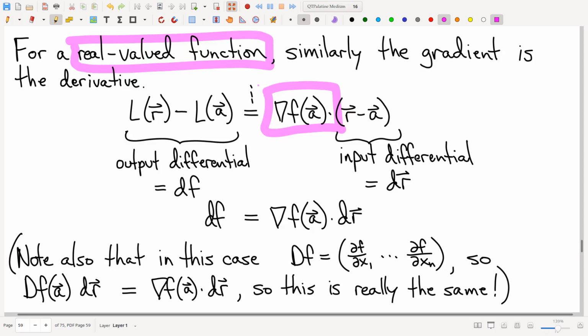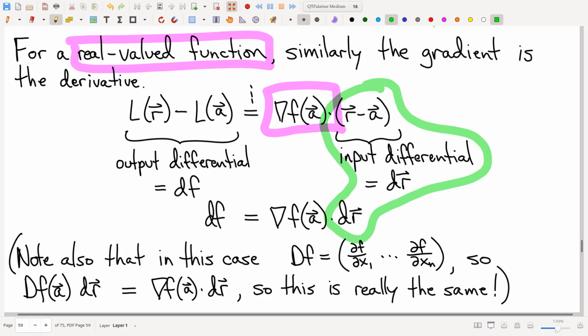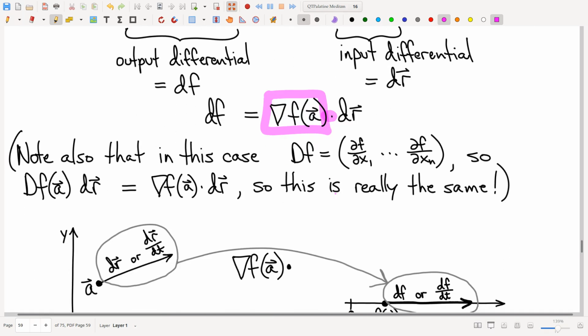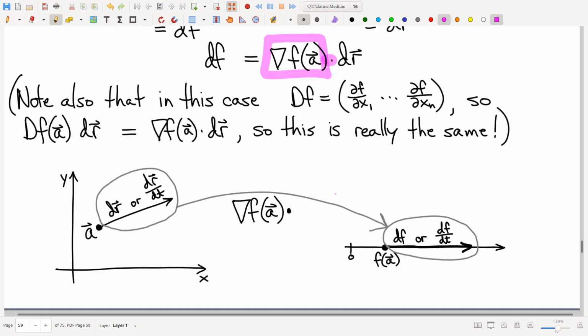And again, input changes and output changes, that's all kind of the same. Nothing really particularly different there. And so we get, again, this new interpretation of the gradient, and to be specific, dot product with the gradient. That too is a relationship between input velocities and output velocities, or input changes and output changes. Take your pick.